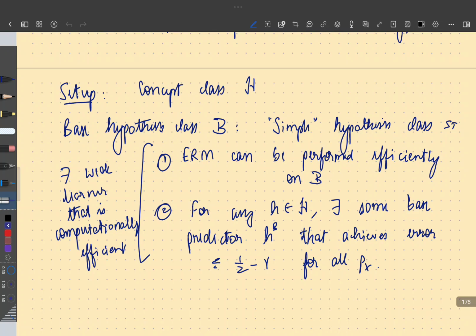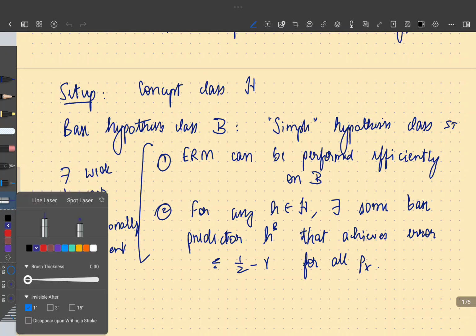Okay. So when the true concept comes from this class H, we're not able to guarantee that ERM over B can give us a small generalization error. But what we are guaranteed is that ERM over the base class B gives you a probability of error that is less than half. All right? In fact, it's bounded away from half by some particular gamma.